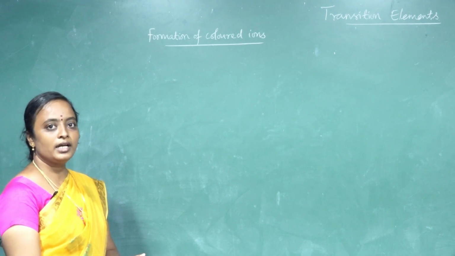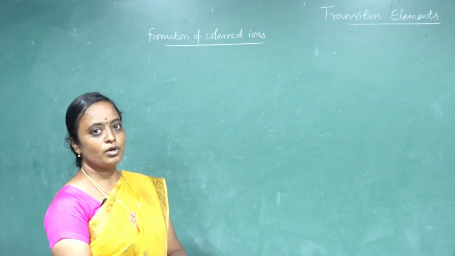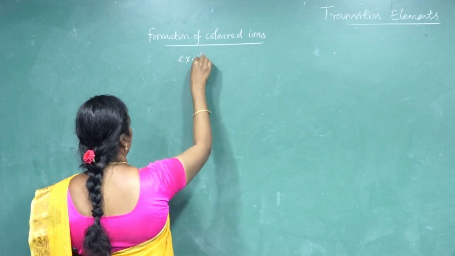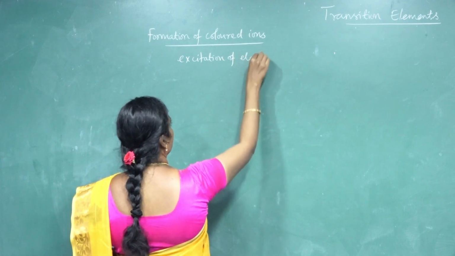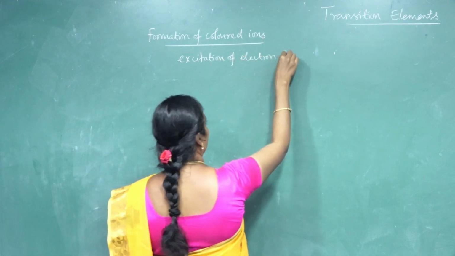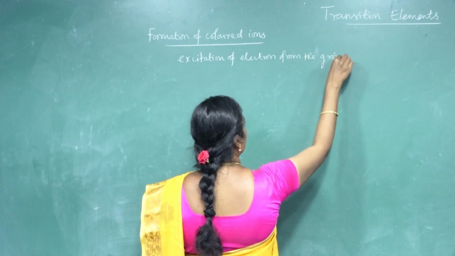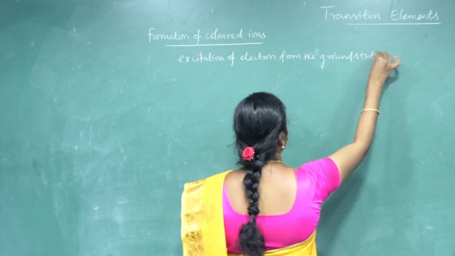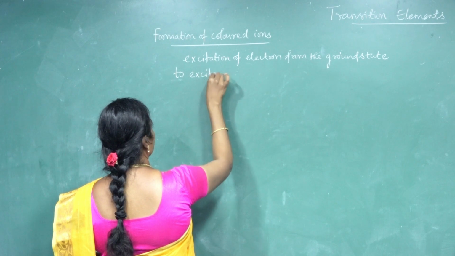But how this color is exhibited can be explained based on the excitation of an electron from the ground state to the excited state.